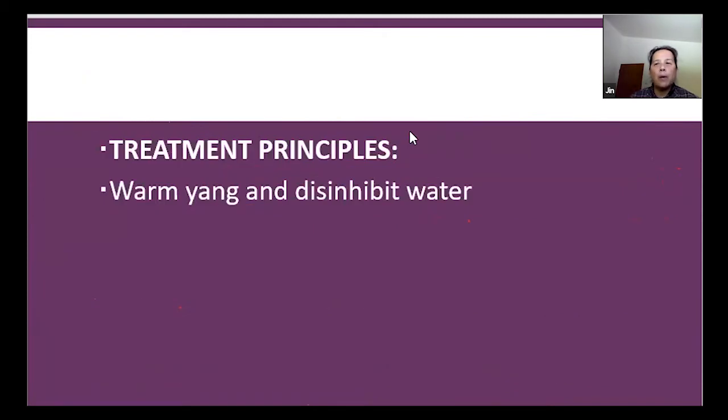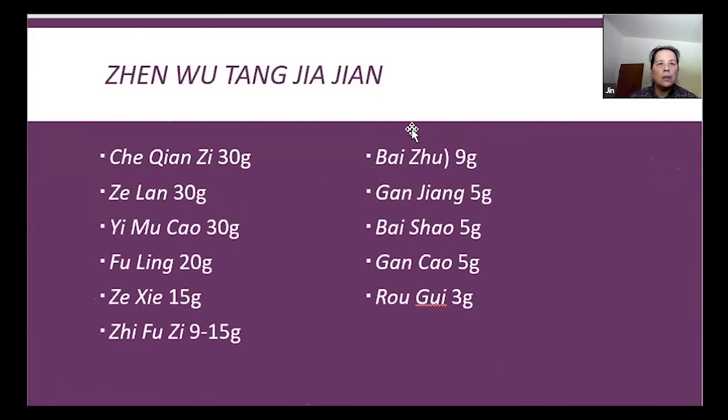So the treatment principle is warming yang and removing the water. The formula we use is 真武汤 plus. 真武汤 is the formula especially used for yin yang deficiency that causes water retention.